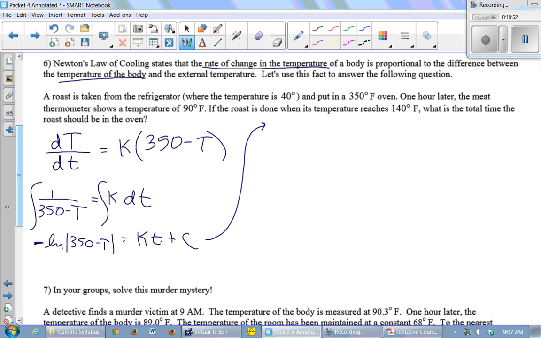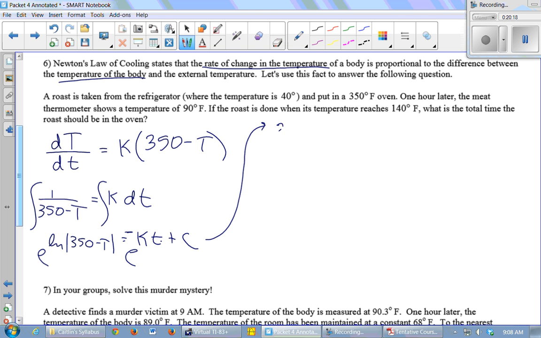Raise e to both sides. Maybe I should have moved the negative over first. Just divide both sides by -1. Then raise e to both sides.